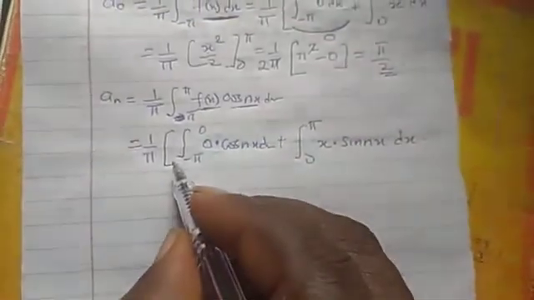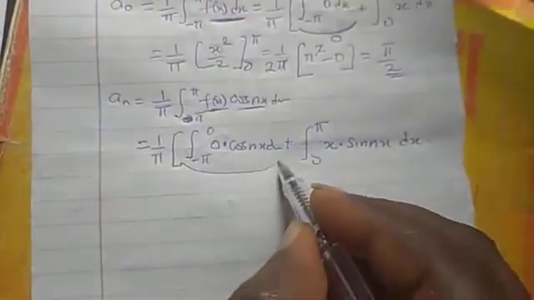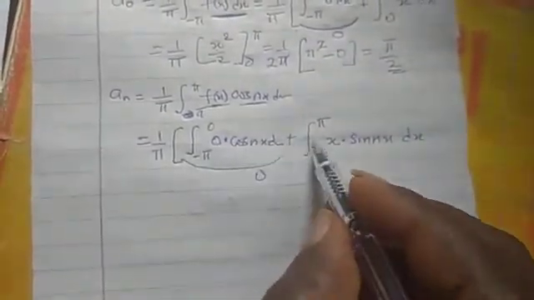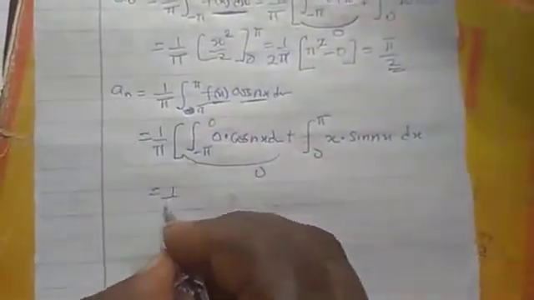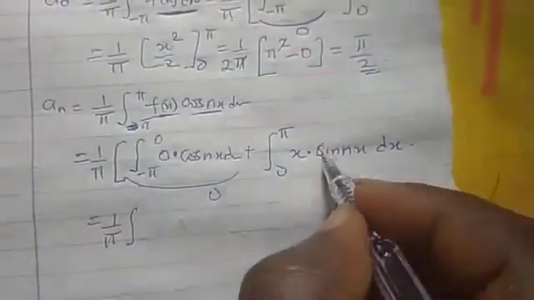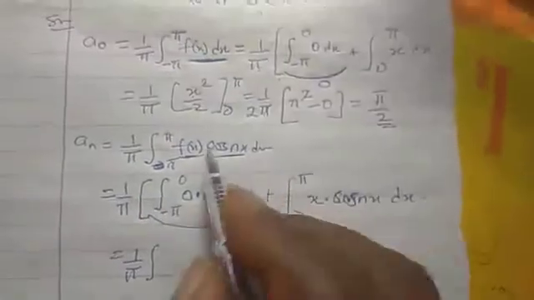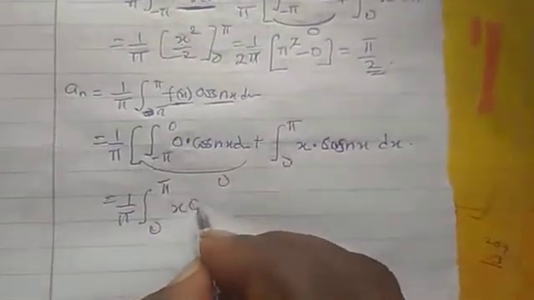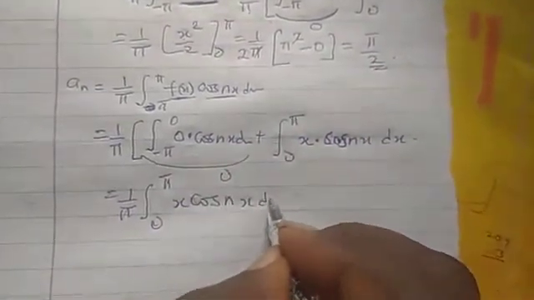Sorry, this is cos, it's not sine, from this formula. So from this place, we have 0 here, because 0 times whatever will give me 0. What we are going to have left is 1 over pi, integral from 0 to pi of x cos nx dx.